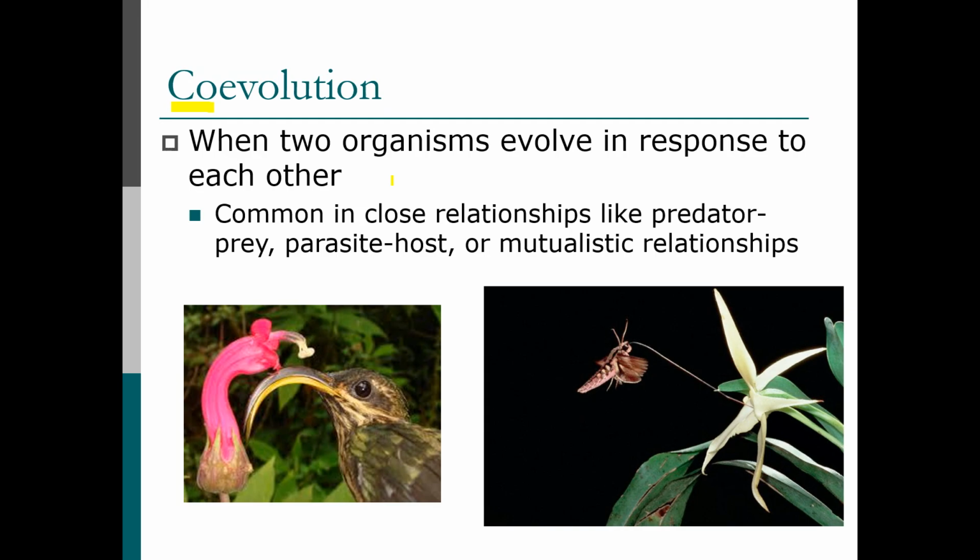A lot of times I'll give an example of, let's say you have a grasshopper population that is feeding on a particular type of grass. Due to a random mutation, some of your grass produces a chemical that the grasshoppers don't like. Over time, the grass population that had that chemical is going to survive and reproduce more.